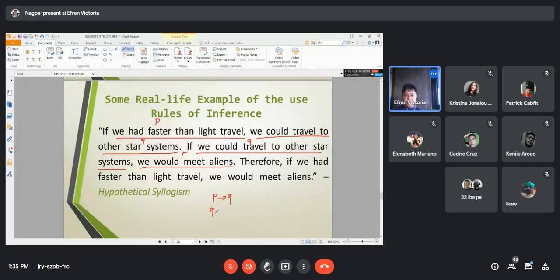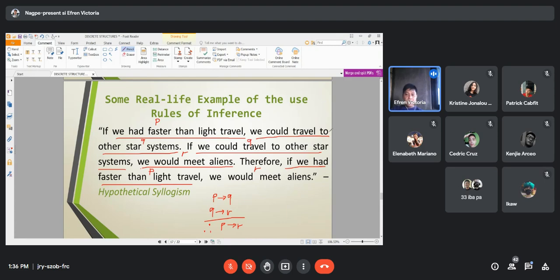So Q implies R. So therefore, if we had faster than light travel, so P, we would meet aliens, so R. So P implies R. So hypothetical syllogism.